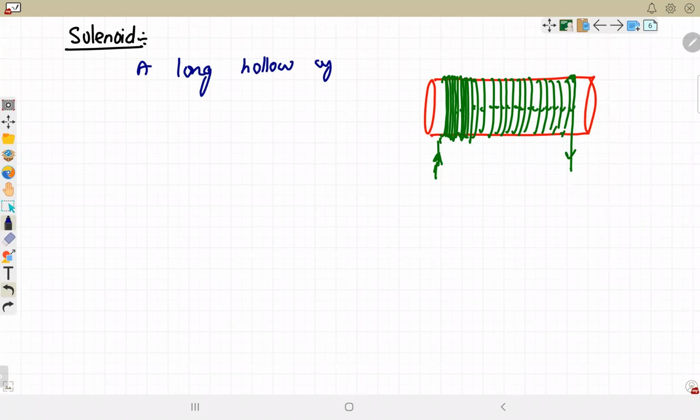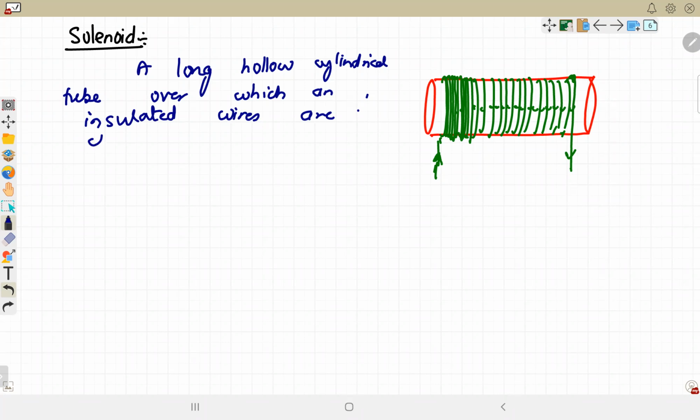A long hollow cylindrical tube over which insulated wires are closely wound along its length.